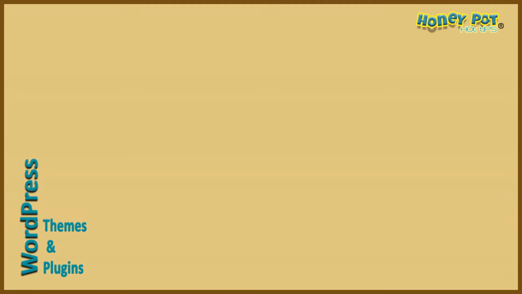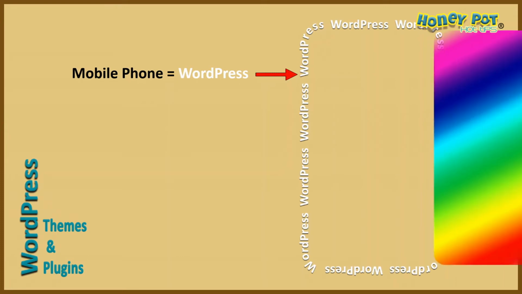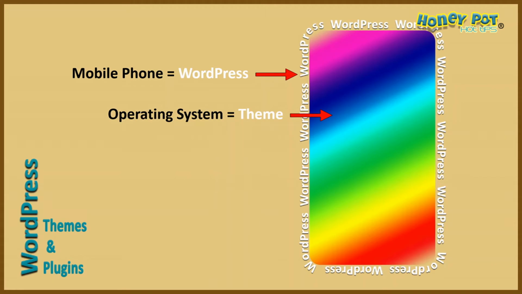If you consider your WordPress as your mobile phone, then the flexibility and the power and what you can actually do is the theme that you select. The theme that you're selecting will give you all the flexibility and exactly what you can do and what you cannot do.